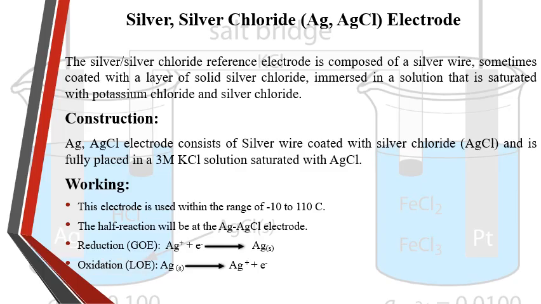Here the wire is dipped in the saturated potassium chloride solution. The cell consists of the following: silver chloride, and potassium chloride, with the half equation, as you can see in the diagram and the reaction here.